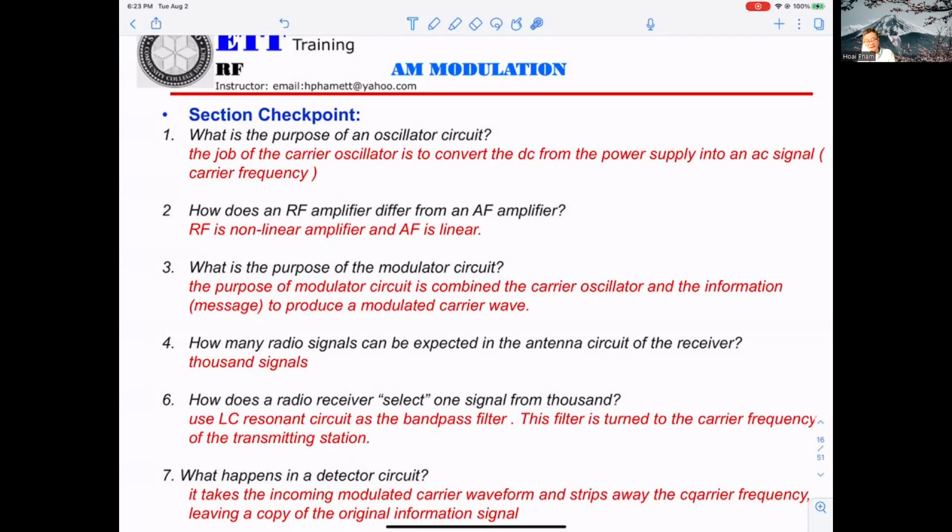You understand that resonance means X sub C and X sub L are equal, right? But I want to ask, what do you get from the resonance? The carrier signal? No, it's not the carrier. We're getting maximum current at resonance.